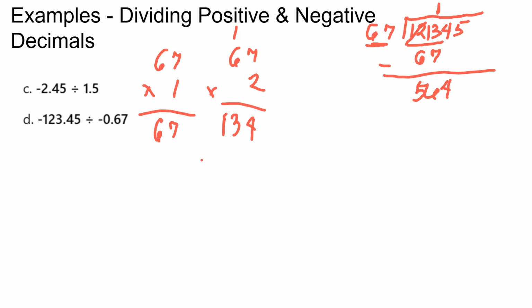What if I multiply 67 by 8? 7 times 8 is 56.